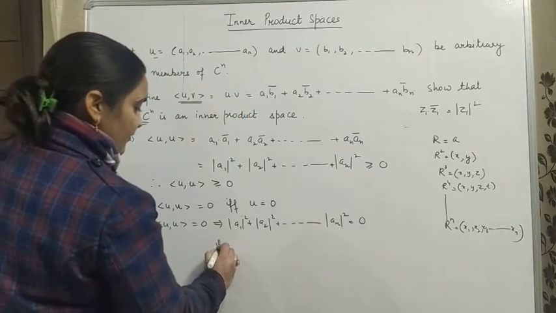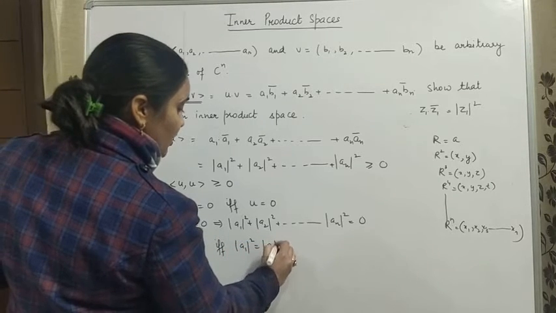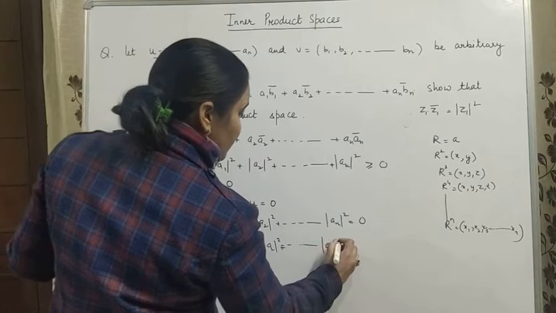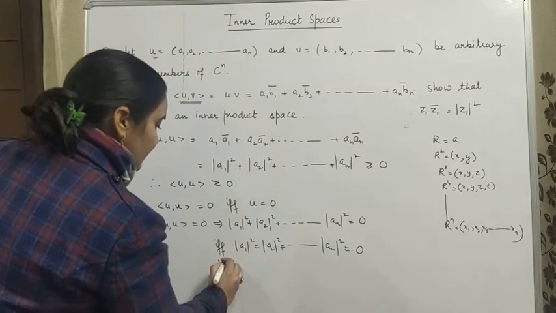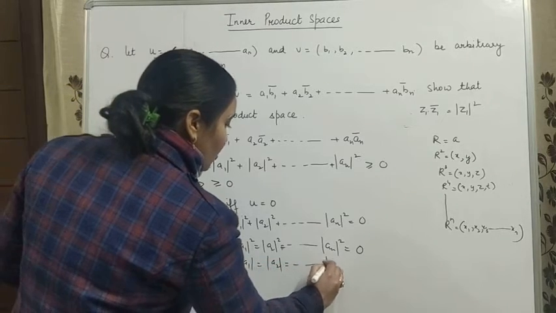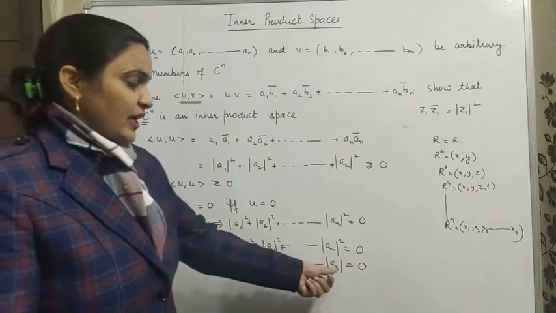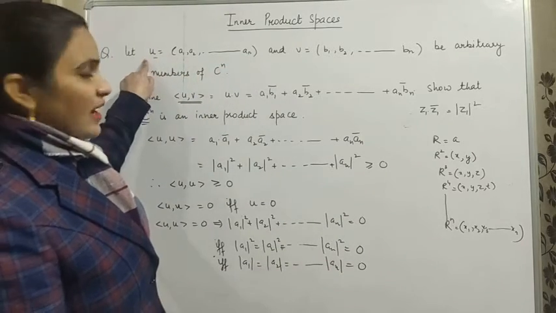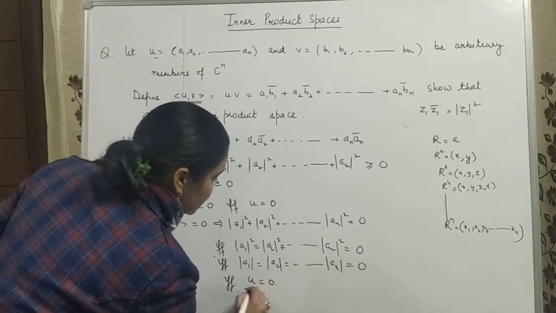If and only if a1 modulus equal to a2 modulus square and so on equal to an modulus square, all are 0. ठीक है, if and only if modulus of a1 equal to modulus of a2 equal to so on an is 0. अब क्या है? a1 a2 an सारे 0 हो गए, तो u क्या आएगा? 0. So if and only if u is 0.